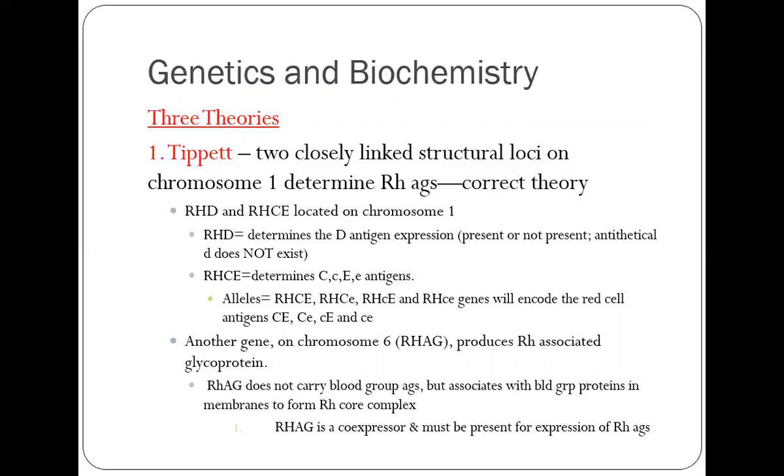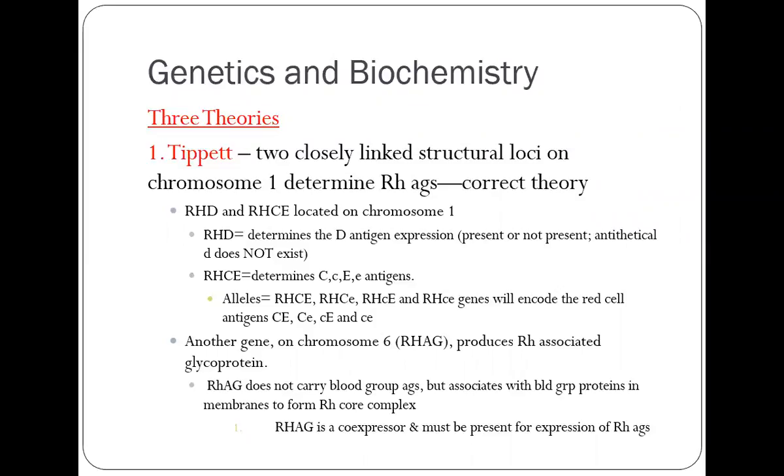You either have the big D or you do not. Sometimes, though, you will see that a small little d notation is used to indicate a D negative gene, but just know that even though we use it in our writing, there is no such gene. So if we see a little d, it does mean they're big D negative, but again, it doesn't really exist.